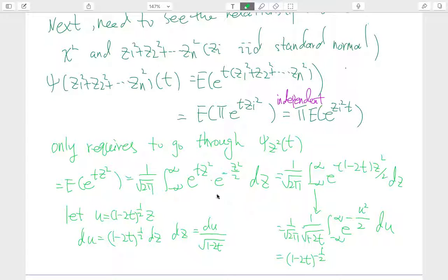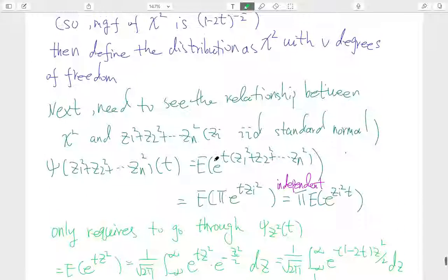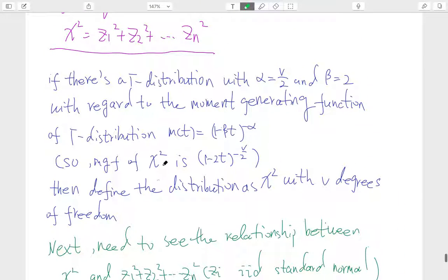And since you know that the final result we are going to find is just the product of these n moment generating functions, you will just raise this result up to the n-th power, and you will see that it takes the same form as the definition of chi-square distribution.